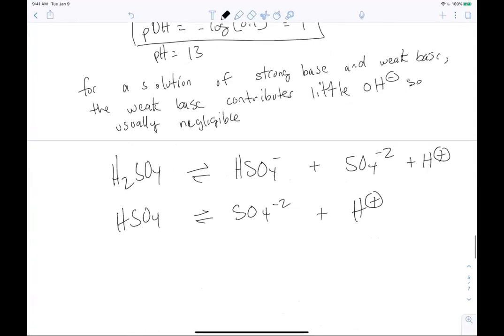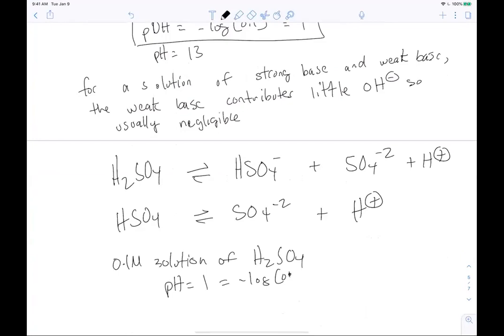If you have a 0.1 molar solution of H2SO4, its pH is just 1. It's the negative log of 0.1. Because the Ka for this is 1.2 times 10 to the minus second.